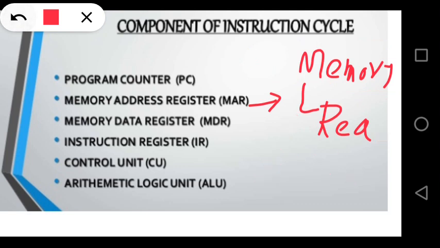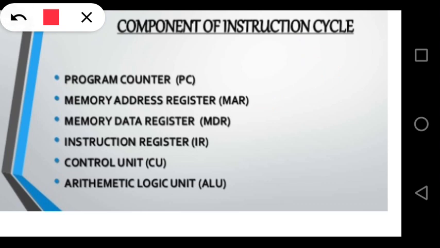Next we have memory data register. As the name specifies, memory data register is a special type of register which is related to memory. Again, for read operation or write operation. For read operation, memory data register doesn't contain any data.